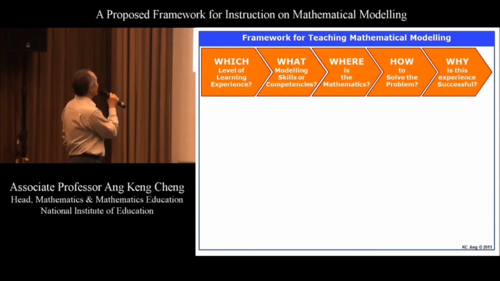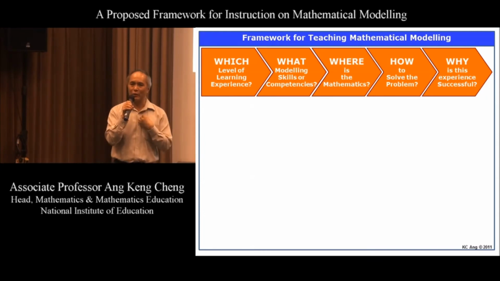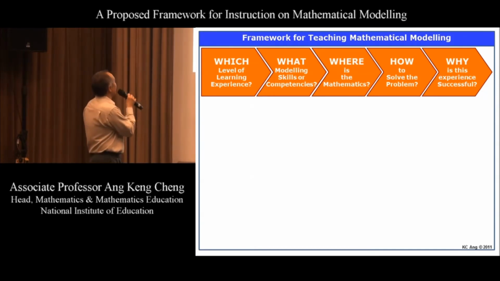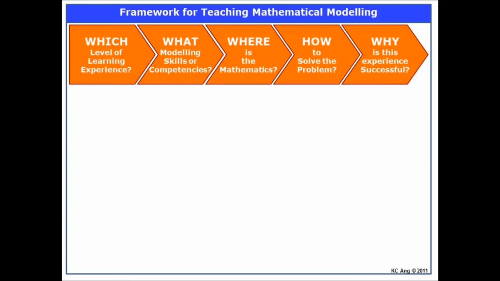Then the next question is, what modeling skills or competencies do we hope that students will achieve or develop through this particular task? And then very important, where is the mathematics? Because if you are talking about mathematical modeling, there should be some mathematics within your activity, right?